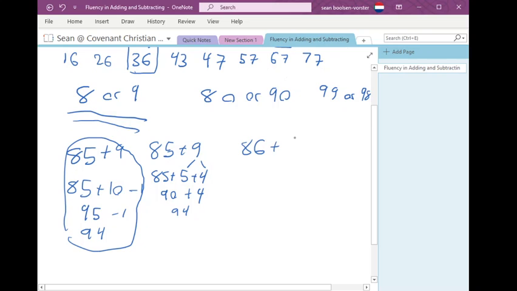86 plus 9. Well, instead we just say 86 plus 10 and minus 1 at the end. Right? So that's just 96 minus 1, 95. Now, shocker for everyone, 8 is pretty similar, but instead of 1, it uses a 2, right?